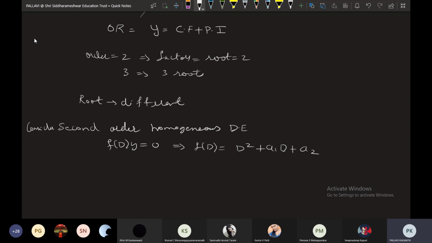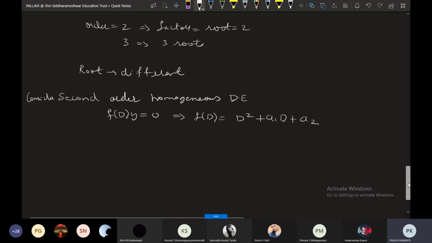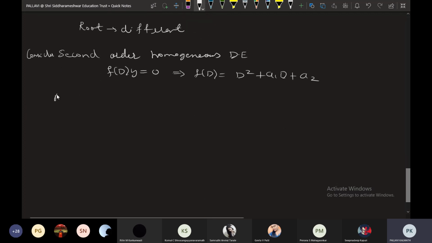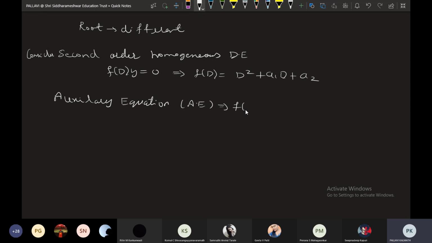Then we write the equation which is known as the auxiliary equation. For the above equation, in short we write the auxiliary equation as f of m equals 0.